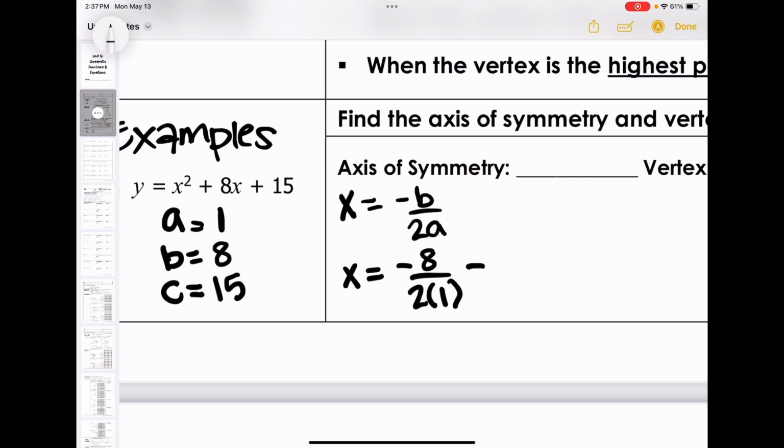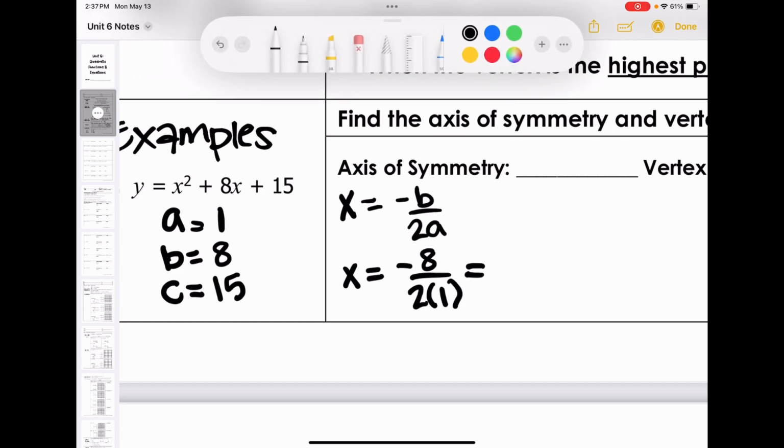Now you can type that fraction into your calculator, and you're going to get negative 4. So on my axis of symmetry line, I'm going to put x equals negative 4. It's very important to put the x equals because we're representing a line here. If you just put negative 4, that just means a point on the graph, and that's not what we're talking about. So even on the test, if you are typing it in, you have to put x equals.